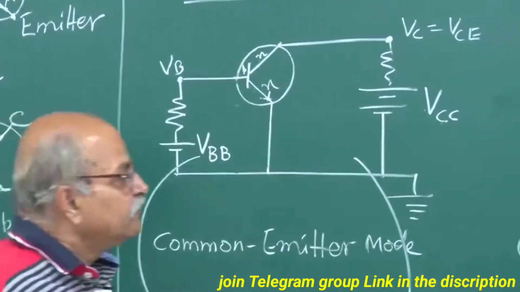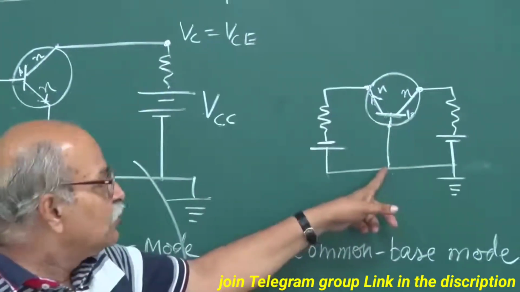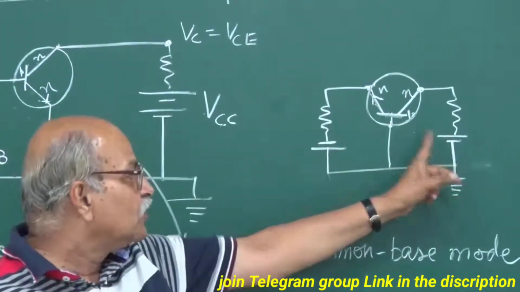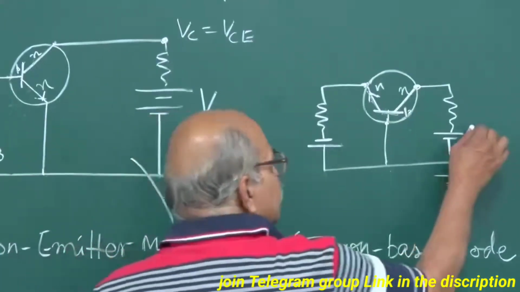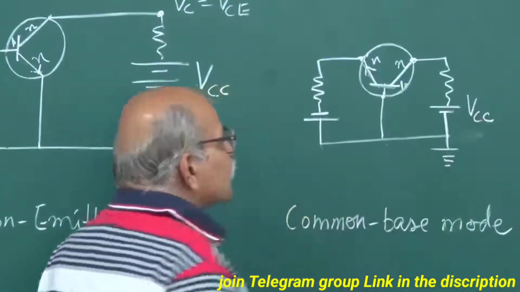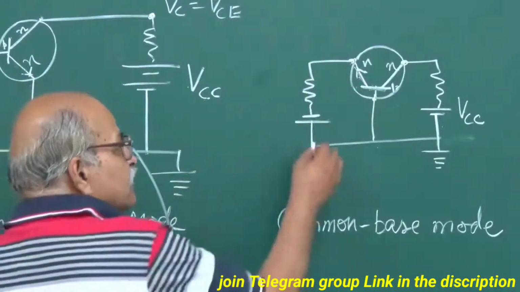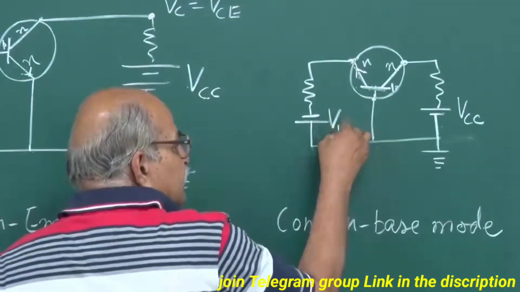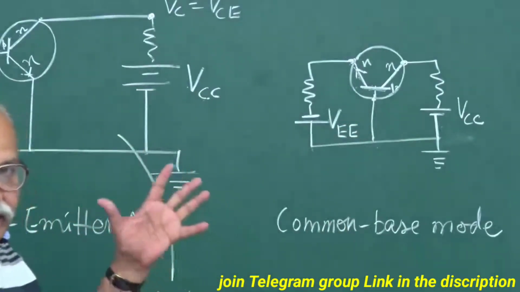Here, this is base common, so we won't write B here or here, and this side is collector, so this will be written as VCC. Whereas this is emitter here, so this voltage difference is written as VEE. So they are just nomenclature.